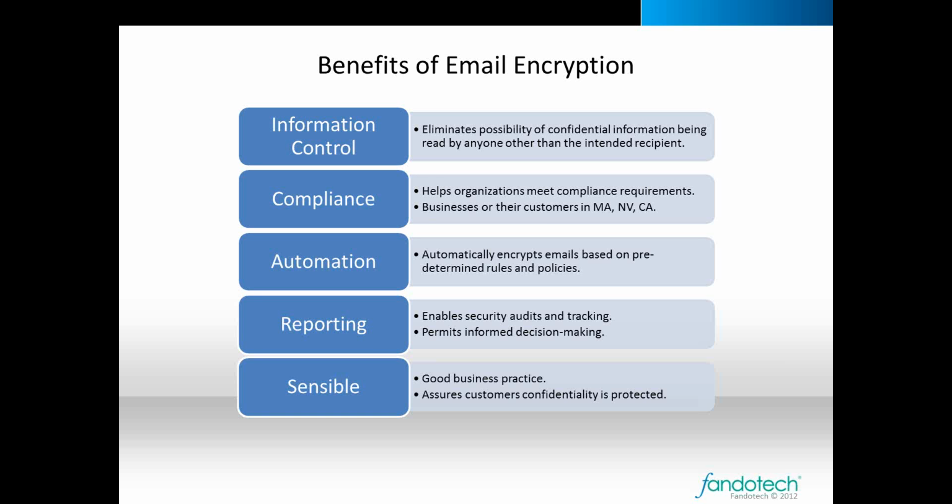You can set a policy that says, hey, anytime there is a credit card number in an email, it's automatically going to encrypt the message. Anytime there is a Social Security number in the body of the email, or whatever automation needs to be defined by that business. Maybe they have, for example, a bank.